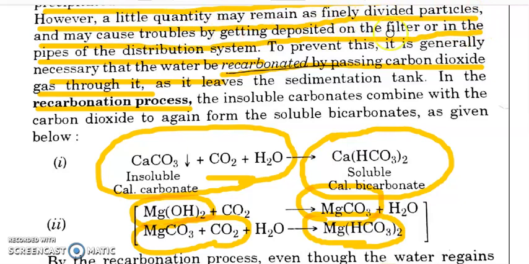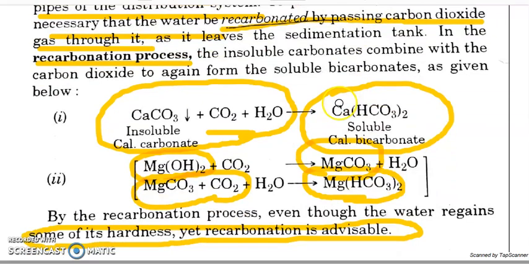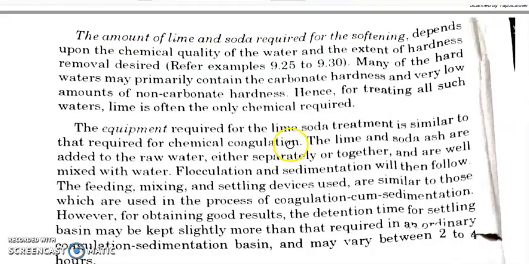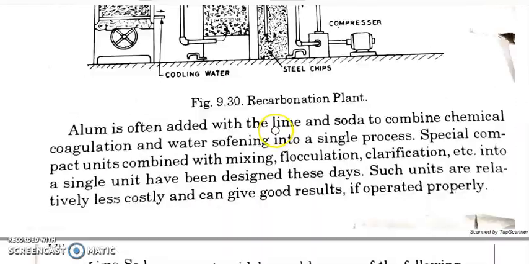Only that small quantity is going to once again get converted into soluble calcium bicarbonate, magnesium bicarbonate and magnesium carbonate. So a little amount of hardness is once again given back to the water. So water regains some of the hardness after recarbonation, but it is still always advisable because it will avoid problems later on in the distribution system and in the filters. So you have to always recarbonate the water.